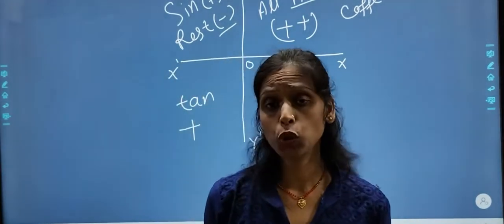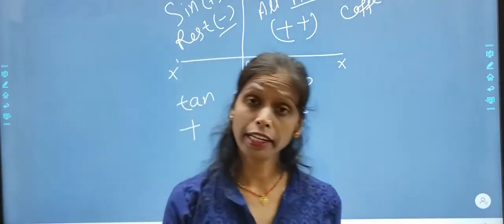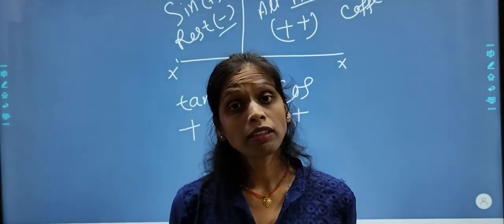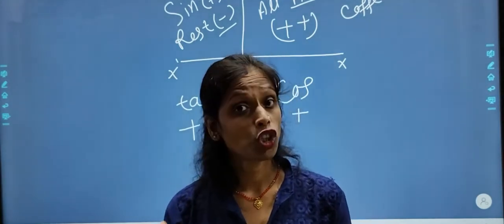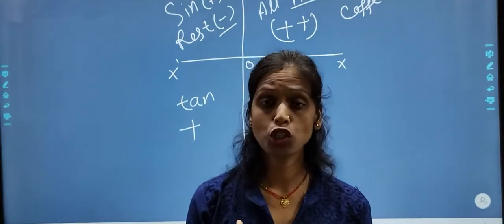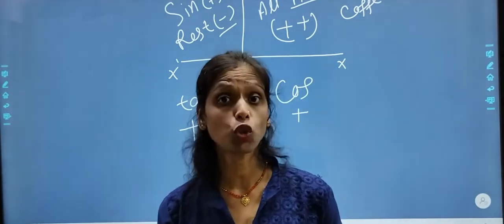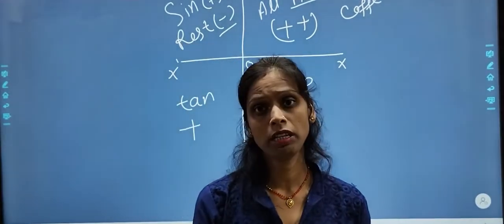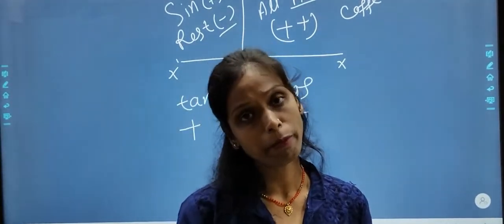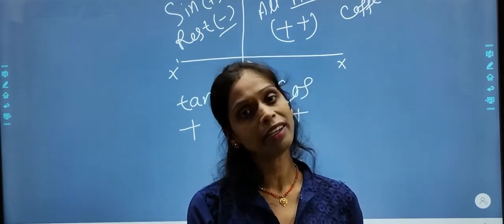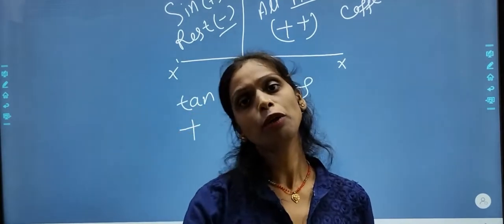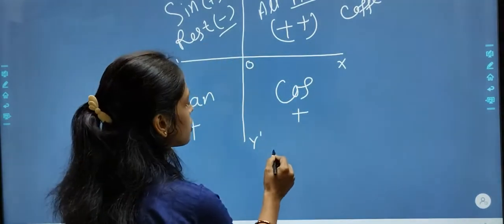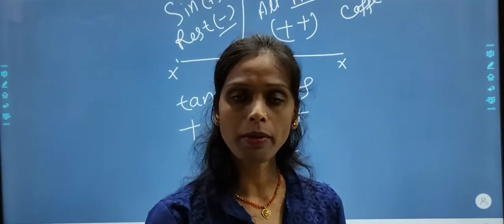Then always keep in your mind the first, second, third and fourth quadrants, and when which trigonometrical ratio is positive and negative in which quadrant. It is very important you keep in your mind every time. That will help you every time whenever you deal with a trigonometrical function question. Then always keep this trick in your mind.